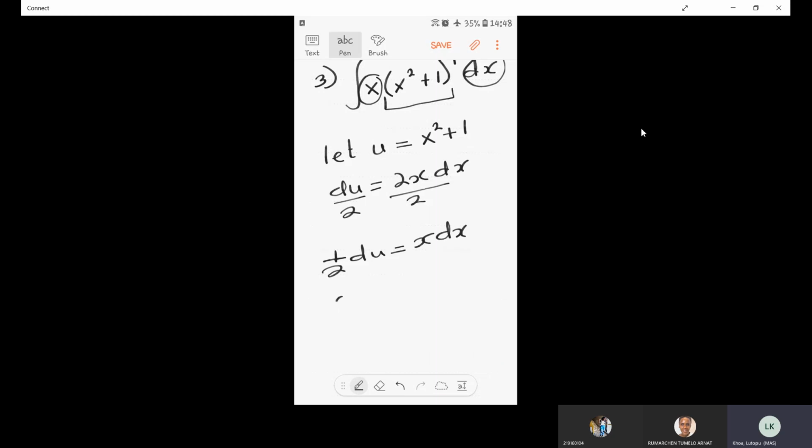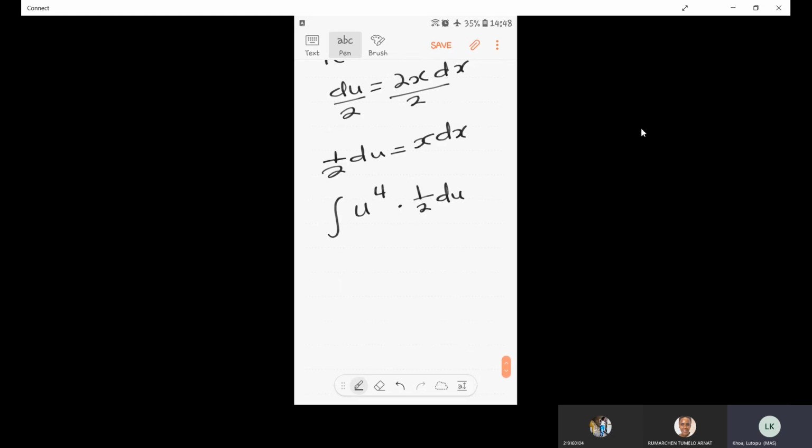So my integral just becomes u to the power of 4 times half du. The half can come outside, so I have half the integral of u to the power of 4 du, which is just half u to the power of 5 over 5 plus c.